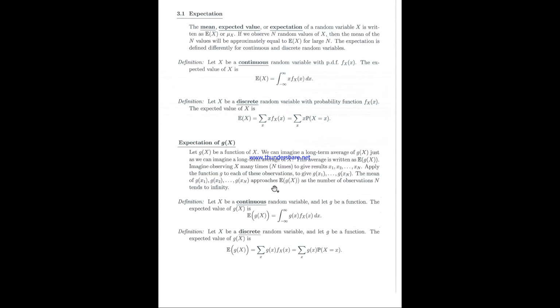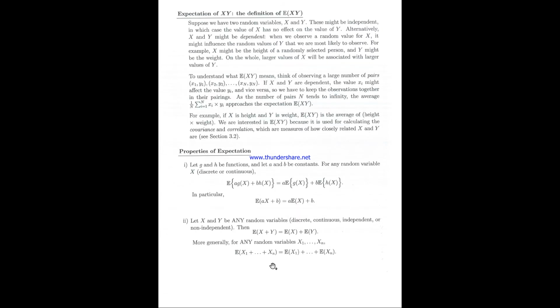On the other hand, if x is discrete, you substitute the x value into the function g(x), multiply by the probability at the point x, and take the summation over all the values of x.